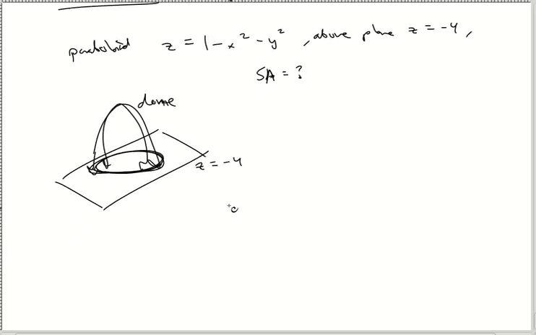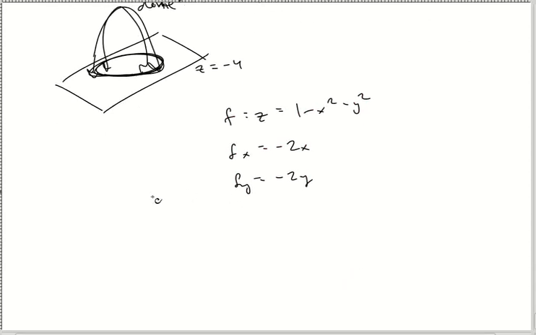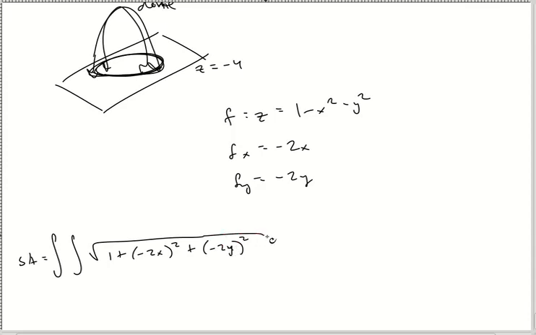Well, first off, f is equal to z is equal to 1 minus x squared minus y squared. So f sub x is -2x, f sub y is -2y. With that in hand, my surface area is going to be the double integral of the square root of 1 plus (-2x) squared plus (-2y) squared, dy dx is good enough.